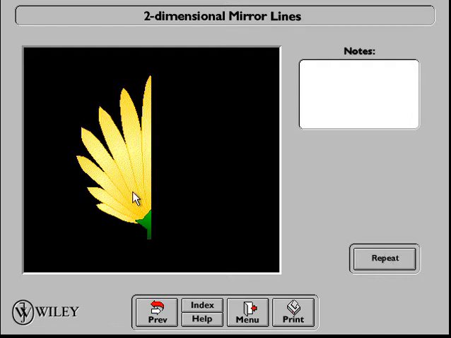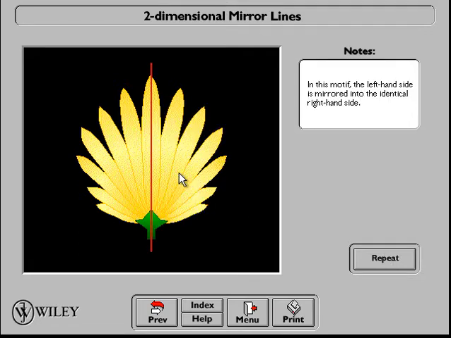Here we have one half of the side, and now we have the mirror plane, and we are getting exactly the same motif on the other side. That means we have here one mirror plane. So in this motif, the left hand side is mirrored into the identical right hand side.